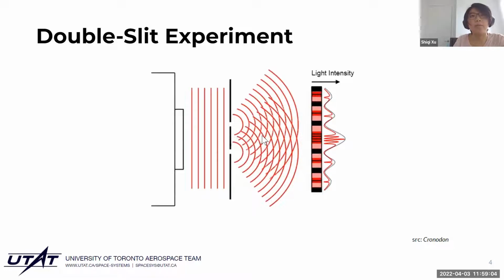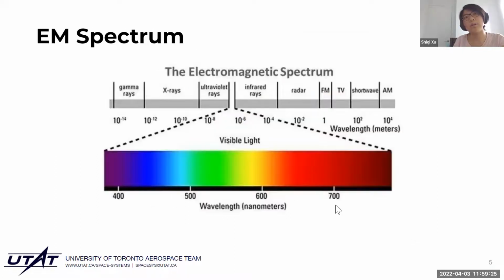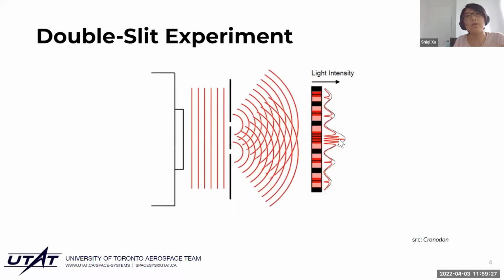And wherever the middle of a peak of one collides with the trough of another, we get destructive interference. So this is kind of what we see instead. This is called Young's double slit experiment. I can't remember if Young did the single slit as well, but we can double check that.